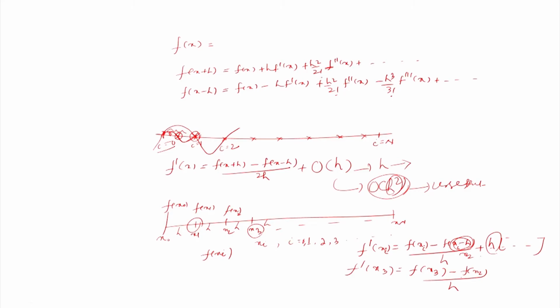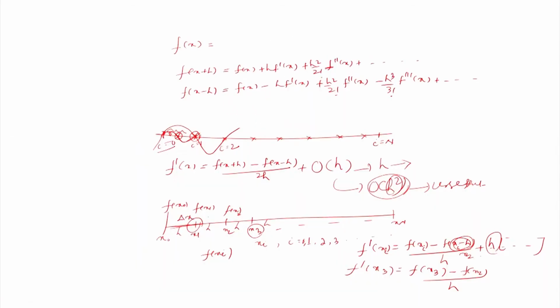And in this particular slide, since we are moving in the x direction, we can say that the space length is defined as del x, that is h equals del x, which we have considered for this expansion.